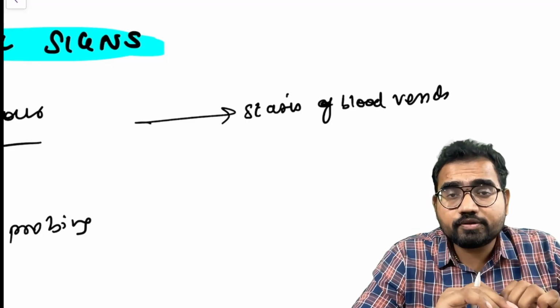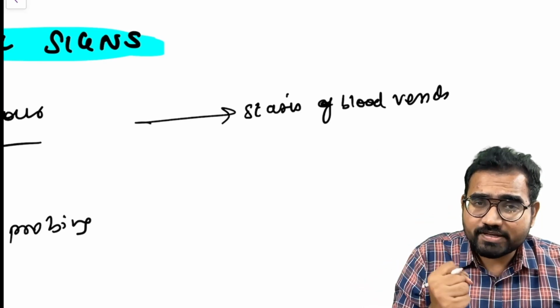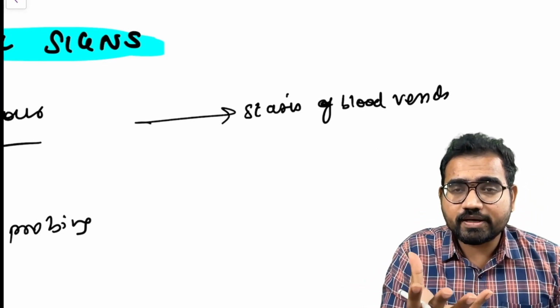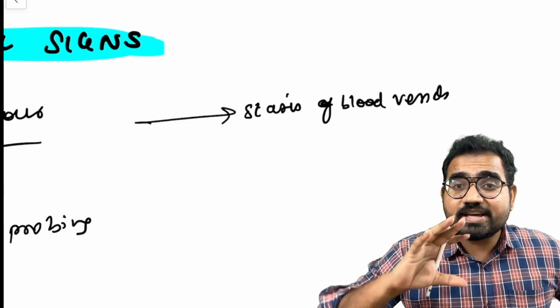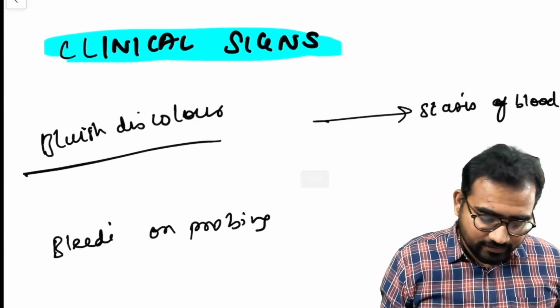So during the stasis of blood vessels, as you can see, there is going to be transient vasoconstriction which is followed by persistent vasodilation. So in those cases I can see stasis of the blood vessels. That is why you get a bluish discoloration in the gingiva.